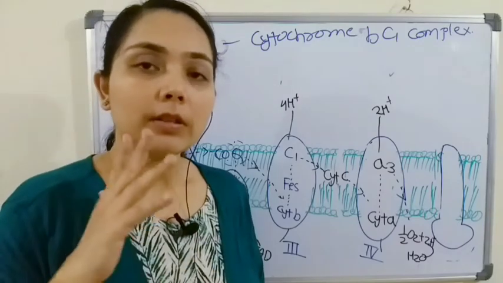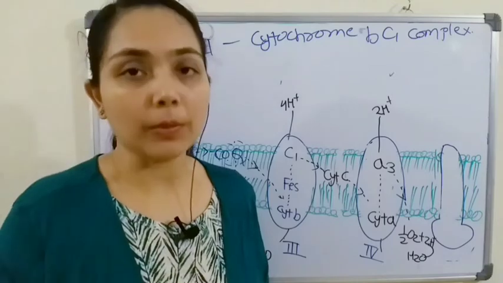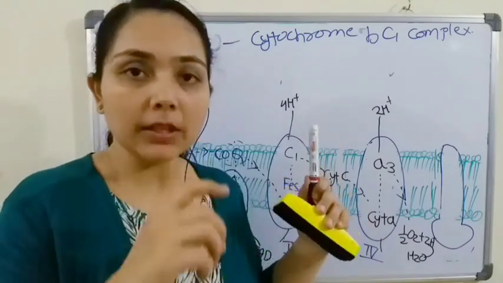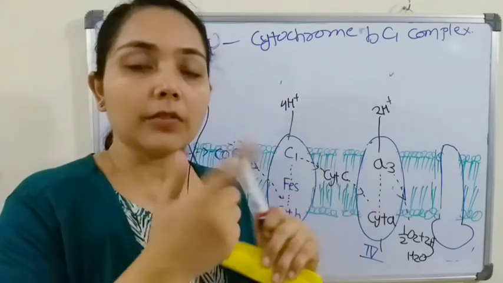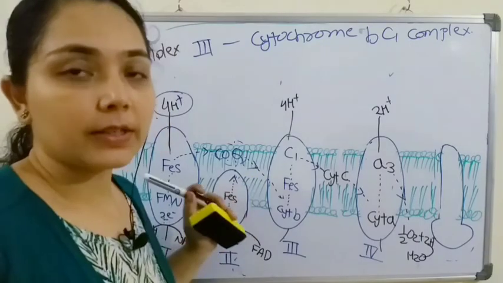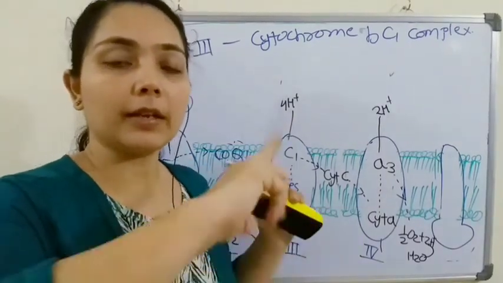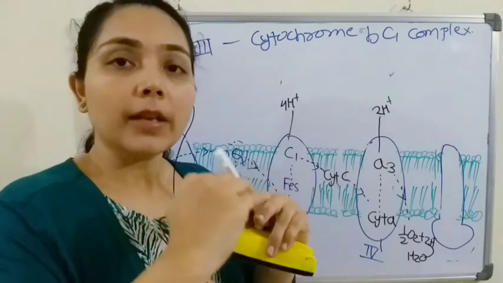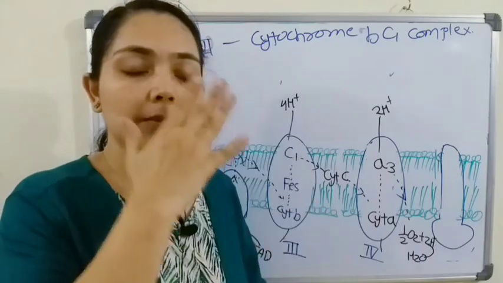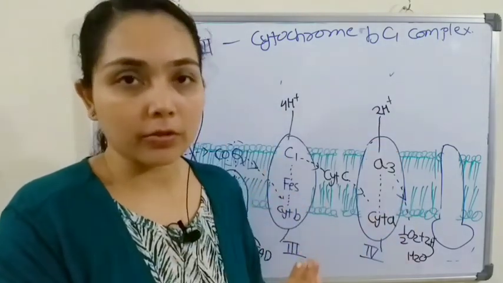The difference between the heme group of cytochrome and the heme group of hemoglobin is that here the iron present in the heme group undergoes oxidation and reduction, as we discussed in complex 1, converting from ferrous to ferric and again ferric to ferrous. This way it transfers its electron, but the iron in the heme of hemoglobin is always present in the reduced form.